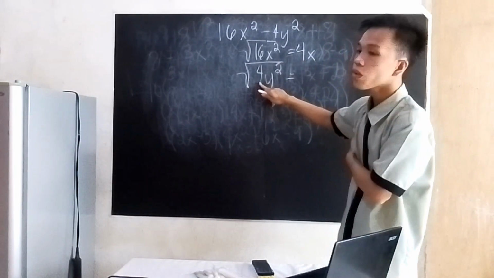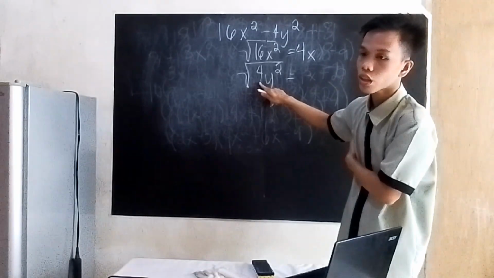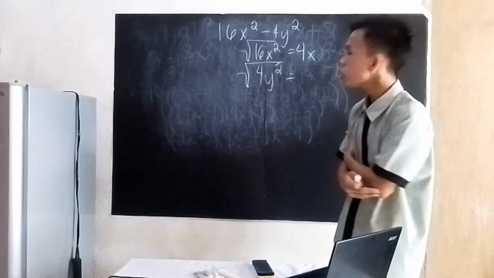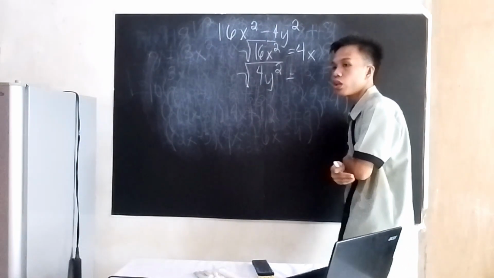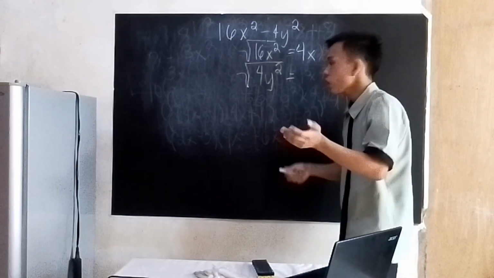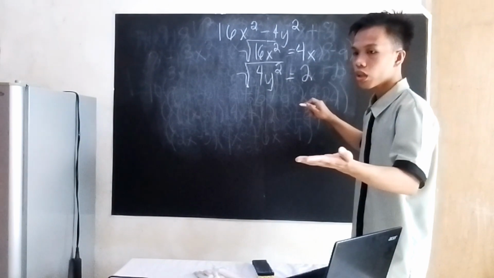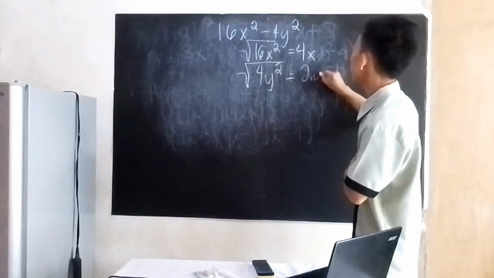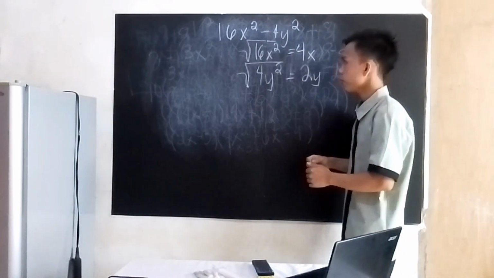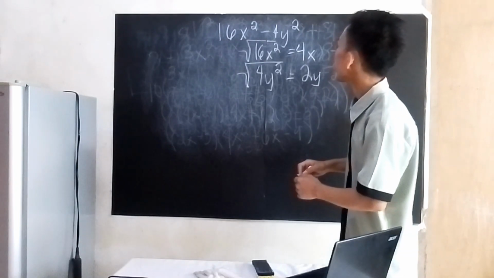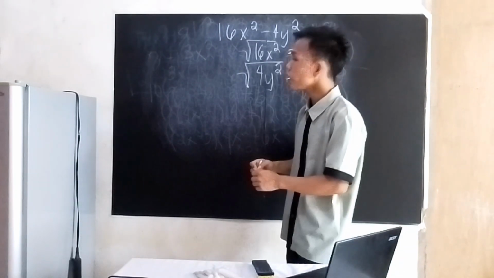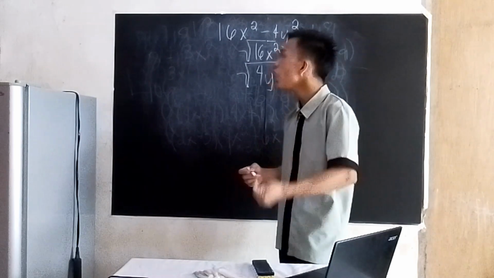Next, what is the square root of 4? Think of a number that when you multiply it by itself, the result is 4. Thank you, Ilanan. So that will be 2. How about the y squared? That will be y. Okay, our next step in here is, again, what is our formula?